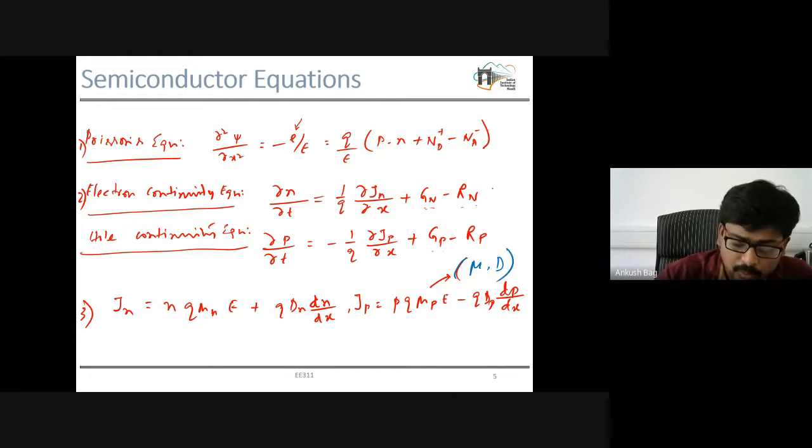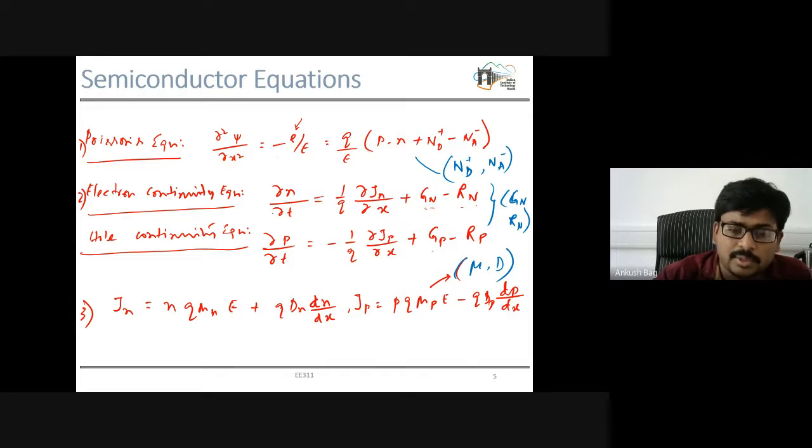Similarly, we need to know the generation and recombination parameters, for holes as well as for electrons. And we need to know the doping level, so what is Nd and what is Na. These are the values we need to know to get this mathematical equation, and eventually we'll be able to get the current voltage characteristics.